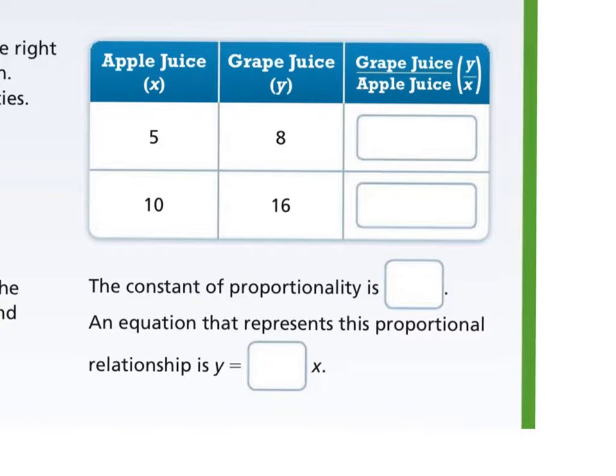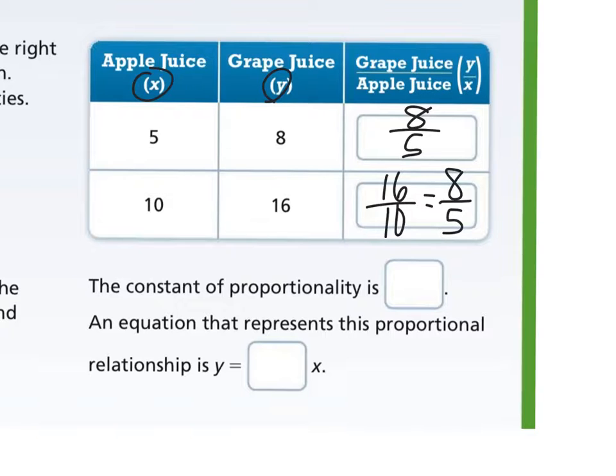So for the first numbers that they've given me, if we look at y over x, now be careful, y over x in this case would be 8 over 5. For the second one, it's going to be 16 over 10, which we could reduce to 8 over 5. Now, if the decimal comes out nice, again, we can use that.